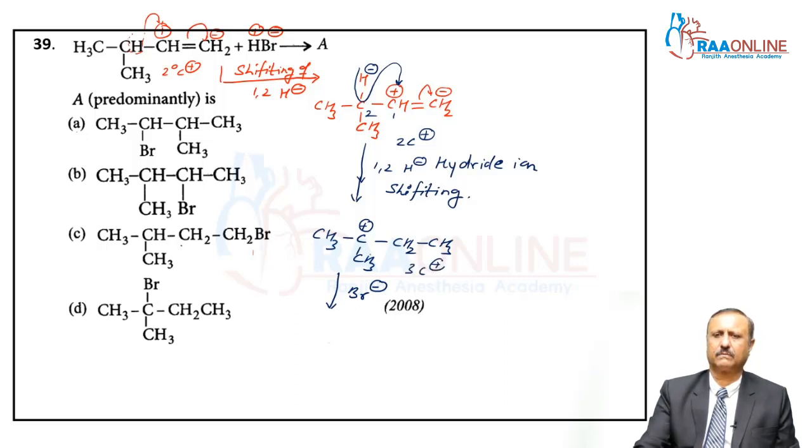This is called a tertiary carbocation, and this tertiary carbocation is more stable than the secondary carbocation. That is why, my dear students, the bromide ion goes to this tertiary carbocation, and you can get this product.